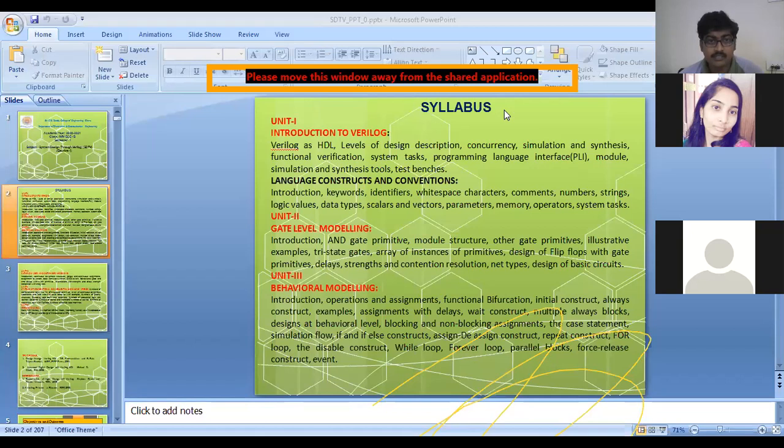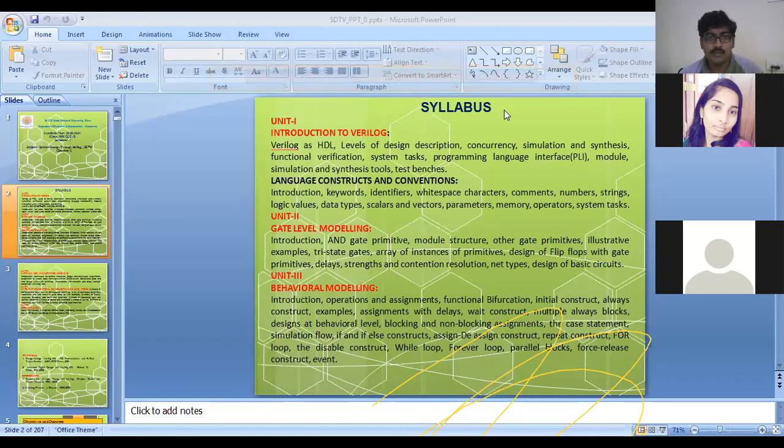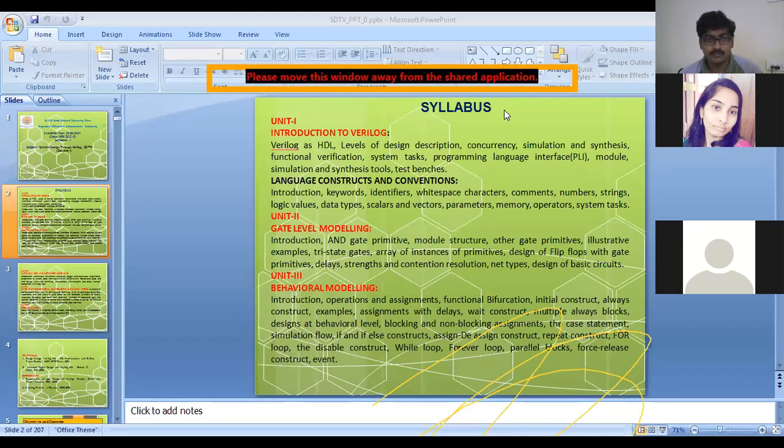And in the third unit, we'll be discussing behavioral modeling. If you recall the concepts of VHDL, very high speed integrated circuits hardware description language, based on the architecture we have four modeling styles, right? Do you remember?